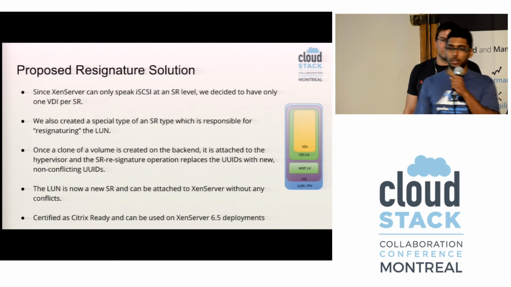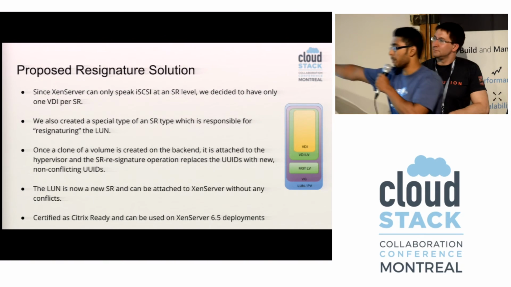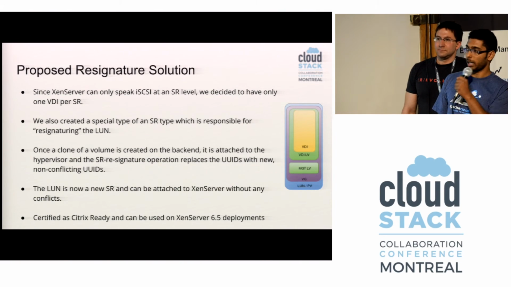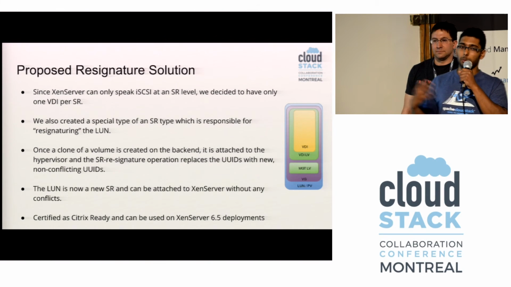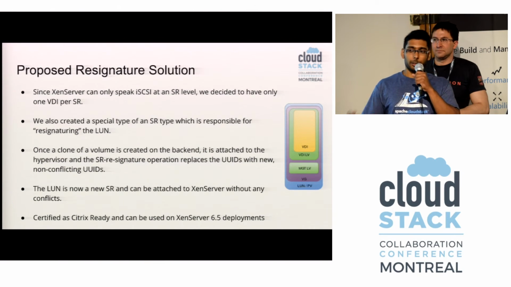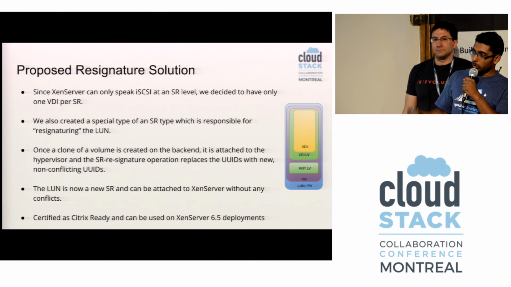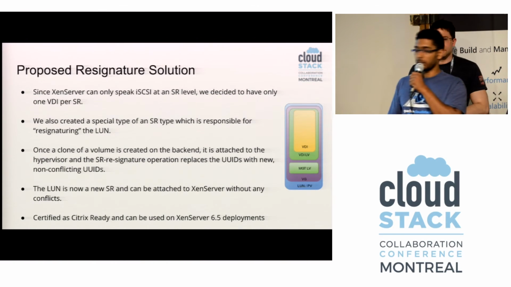We change the LVM UUIDs, we change the VDI UUIDs, we change the metadata inside this management volume. Everything is resignatured. Once you do that, XenServer accepts this as a new SR, so I can attach this back to the XenServer, and it works like a new SR.